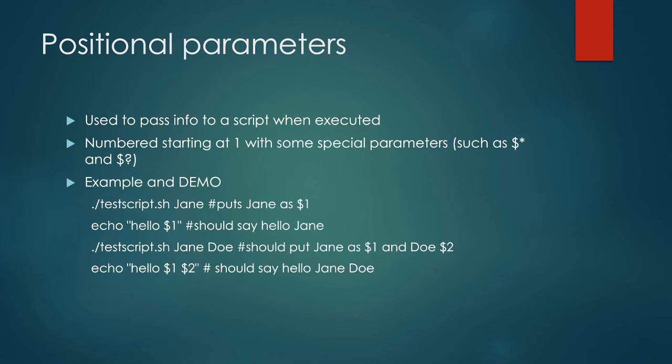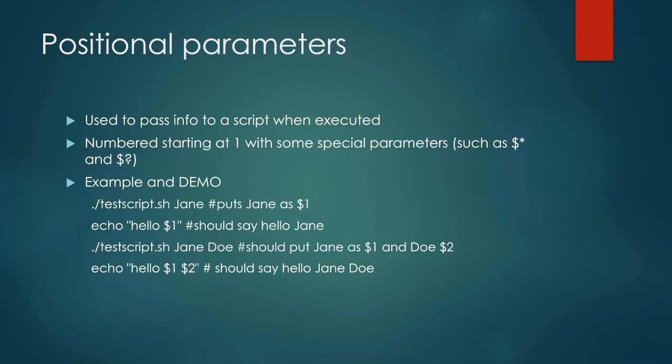Now there's a couple of different ways we can pass information to a shell script. One of the ways is as I've just described, which is using read, where we would say read variable name. Another way is we can pass info using these positional parameters, and this is done when we are running our script.